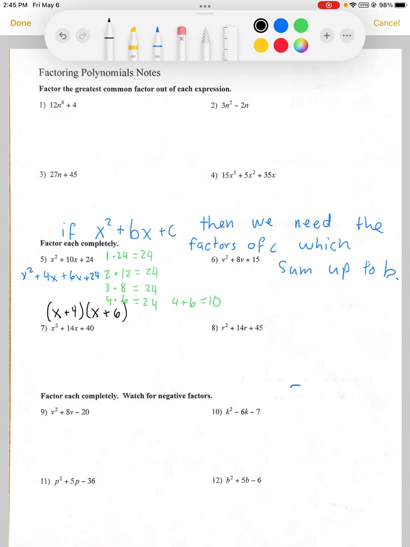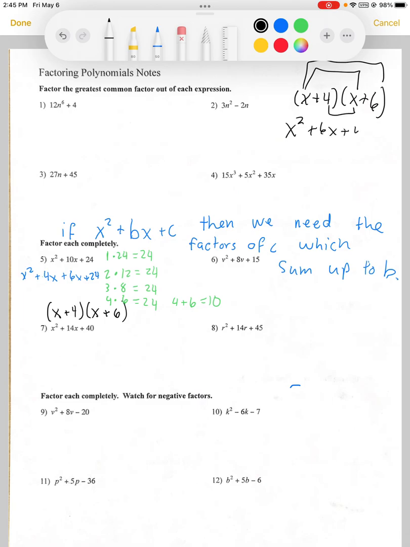Let's prove this to ourselves. Let's show that if we did this technique that we did on the previous page, we would indeed end up with x squared plus 10x plus 24. I'm going to do it up here. So we have x plus 4 times x plus 6. Multiply the first two terms, we're going to get x squared. Multiply the outside terms, we're going to get 6x.